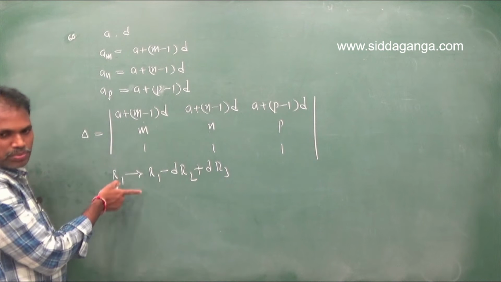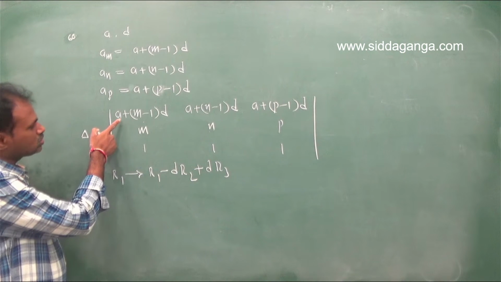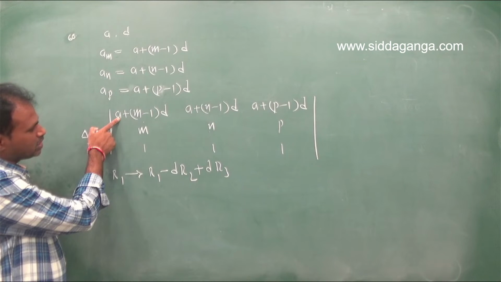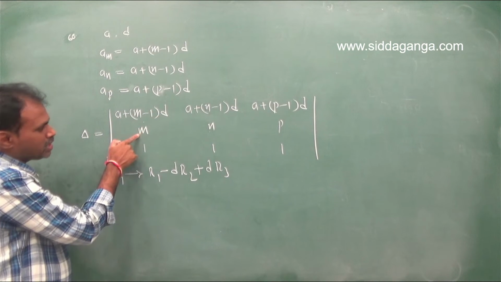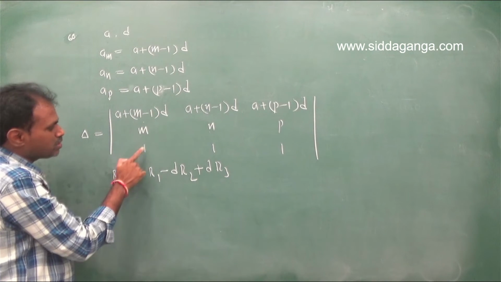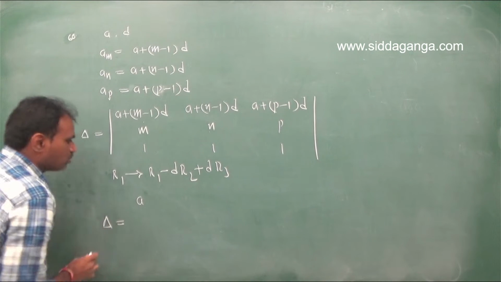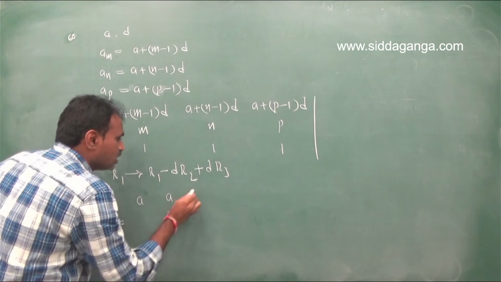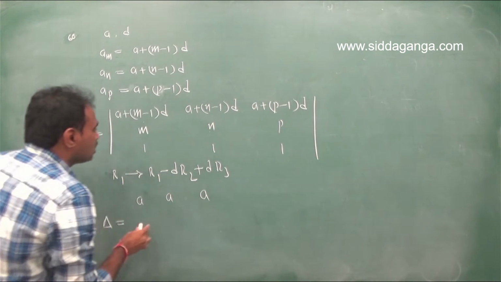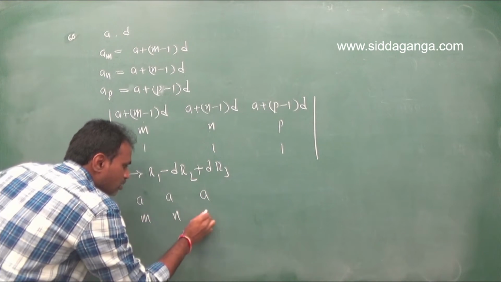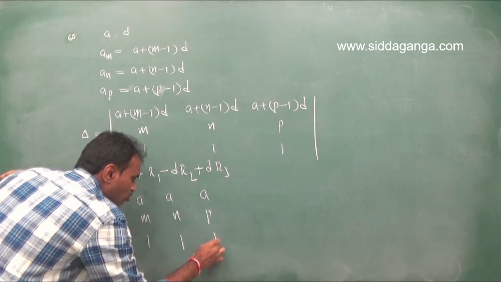Then if you apply this operation to row 1, R1 will change as A plus MD minus MD will cancel, minus D plus D will cancel, and finally we get A, so delta equals A, and here also we get A, and here also we get A. Next M, N, P, 1, 1, 1.